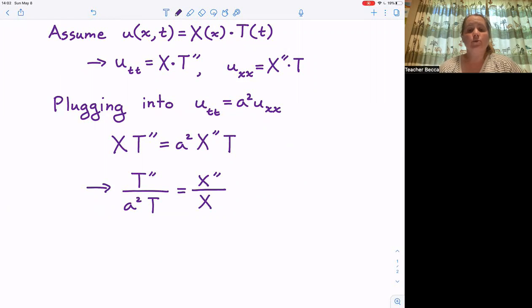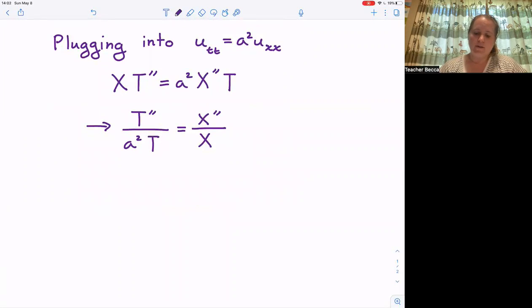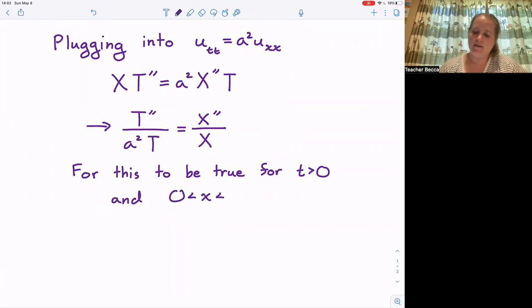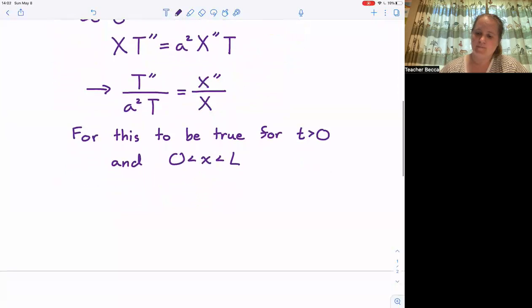Again, for this to be true for all t greater than 0 and x between 0 and L, these must be identically equal to a constant.